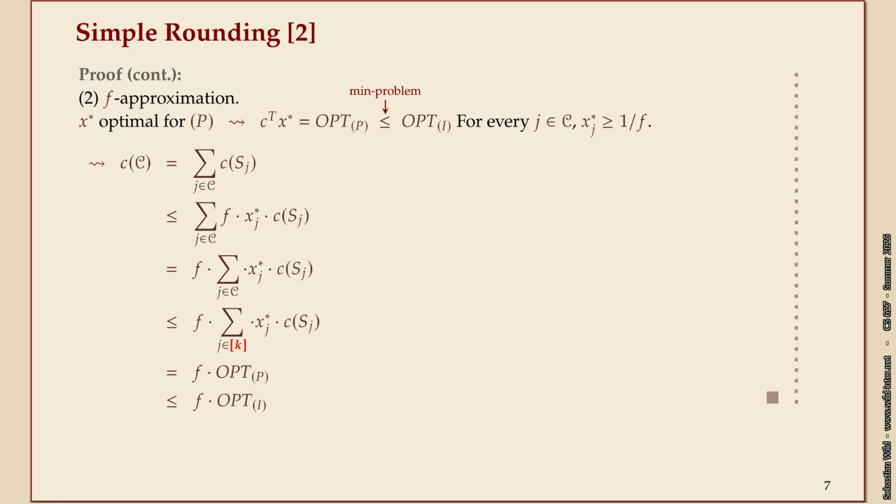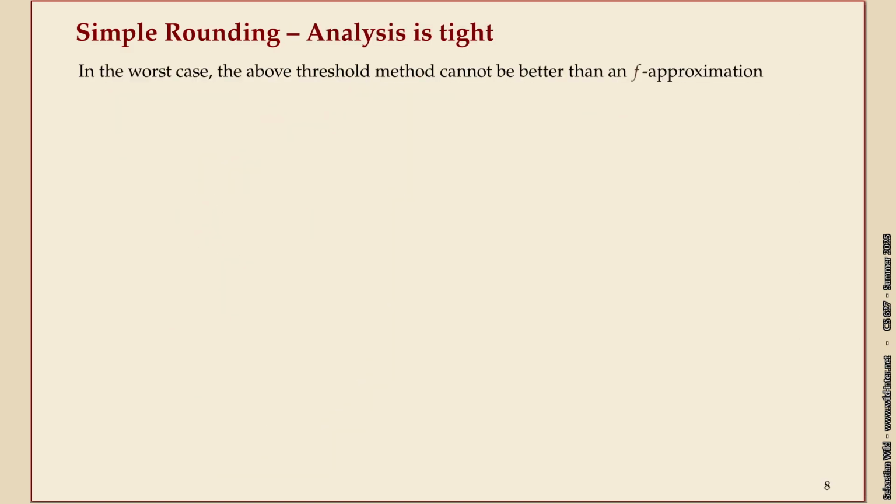And we know that that's a lower bound on the one for the integral. So here we're just using this key fact, and so we get what we wanted. The cost for the set we pick is at most f times the optimal solution. So it's another way to get the same kind of approximation guarantee we've seen before.